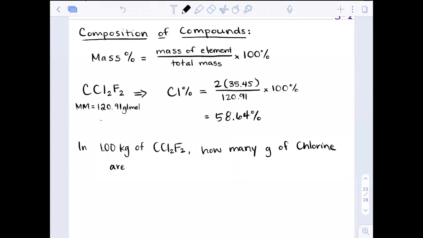Now you could take this and go from kilograms to grams of CCl2F2, and then change it into moles, and then figure out a mole ratio, and then go to grams again.